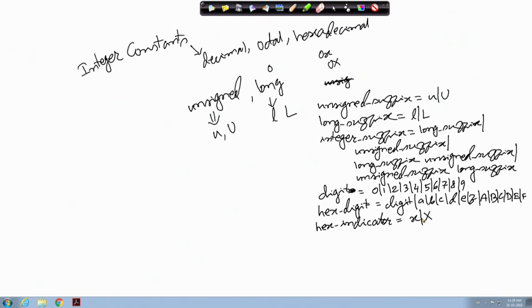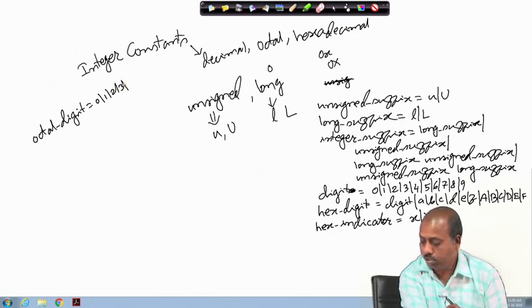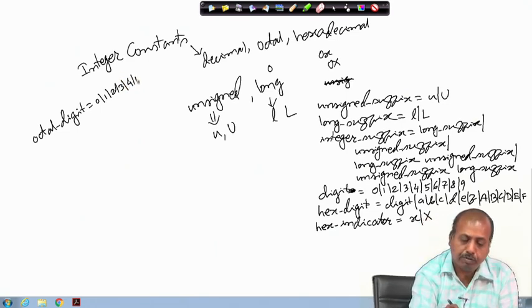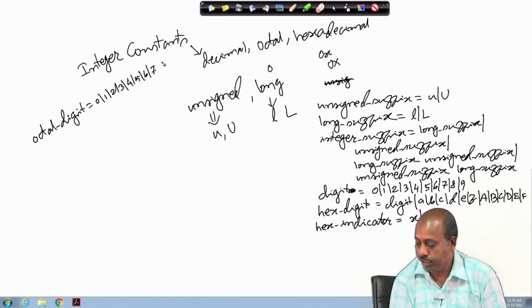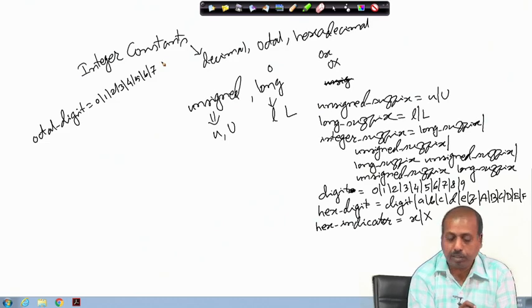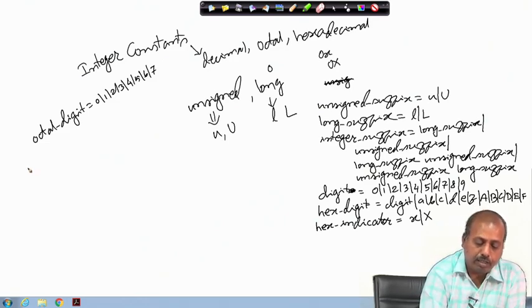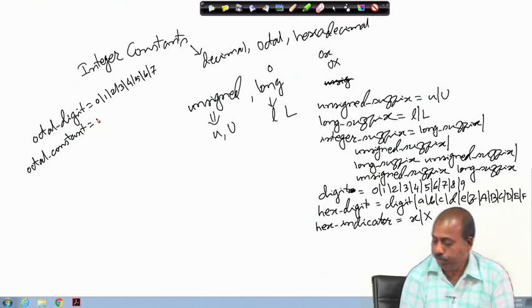Now, for the octal numbers, I can have octal digit. Octal digit does not include all the digits. So, it is 0 or 1 or 2 or 3 up to 7, 4, 5, 6, 7. So, I can have 8 different digits for that. And octal constant, now after we have defined octal digit, we can define octal constant.